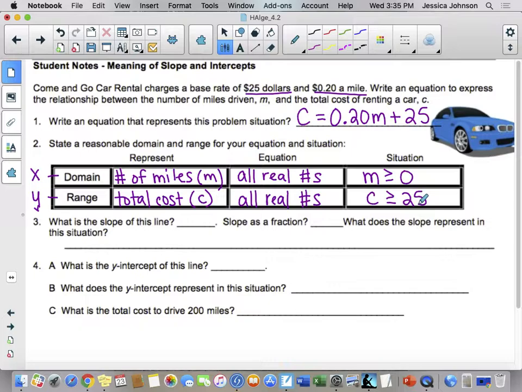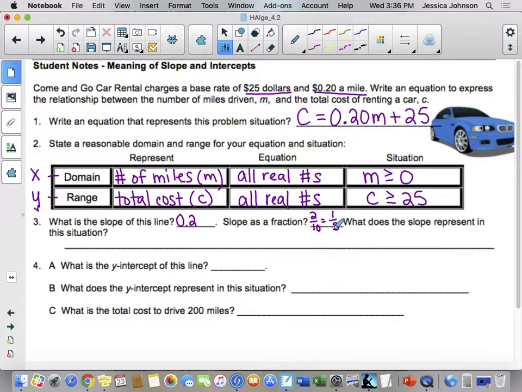Number 3 says, what is the slope of this line? Our slope is talking about that number that gets multiplied by x, or by m in this situation. My slope is 20 cents per mile, 0.2. Another way I could write that, it says, what is this slope as a fraction? Well, 0.2, another way of saying that is 2/10, which when I simplify that, that would equal 1/5.